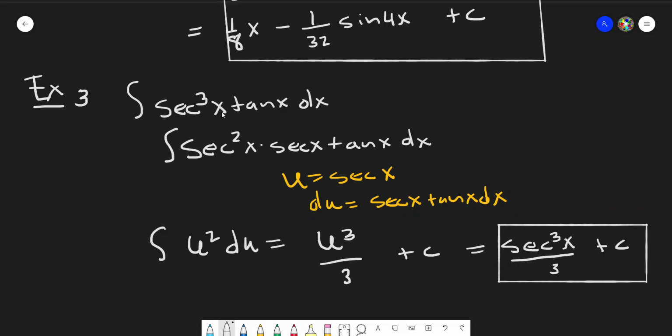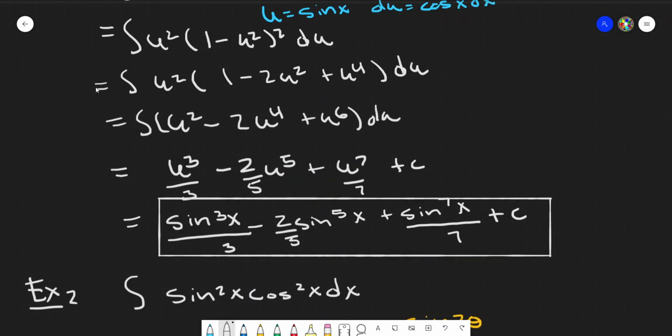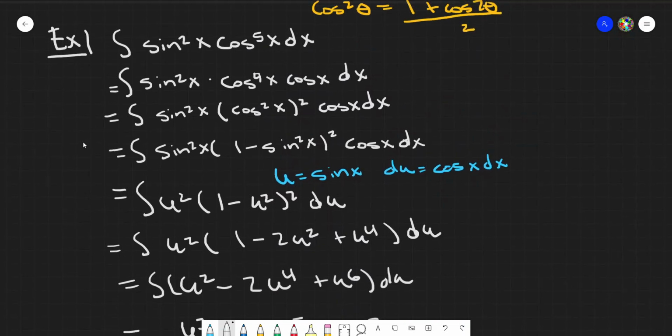That one was not too bad at all, because we just needed to peel out one of the secant functions. Very similar to the very first example, where we had to peel out one of the functions in order to use a u-sub. We peeled out a cosine from the odd function.